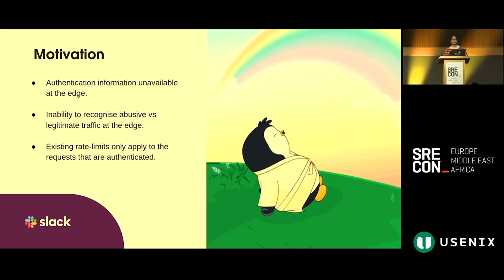In addition to that, our existing rate limits only apply to requests that are authenticated, and in many cases, they were not even enough. This gap in validation at the ingress level exposes our APIs, especially the resource-intensive ones, to potential abuse.